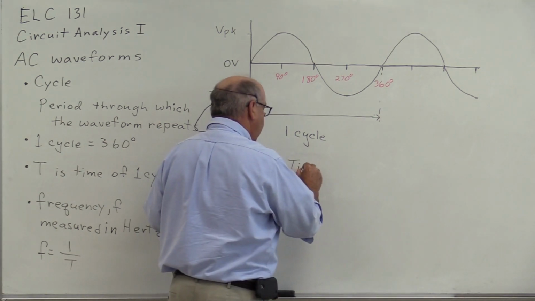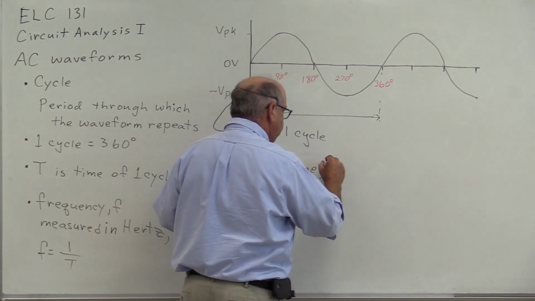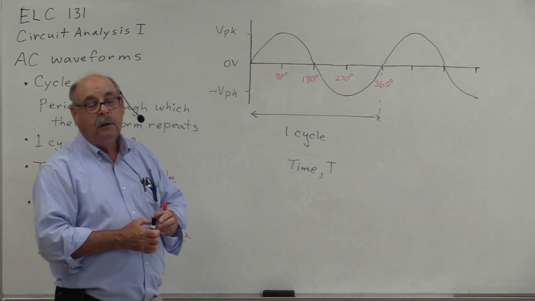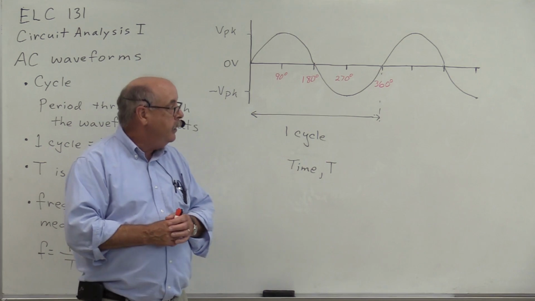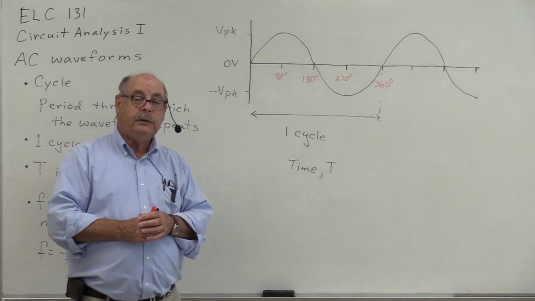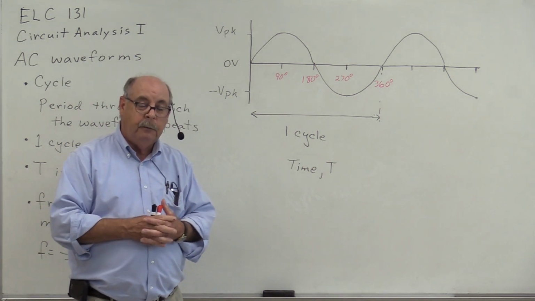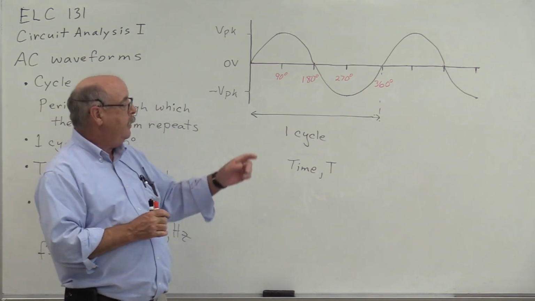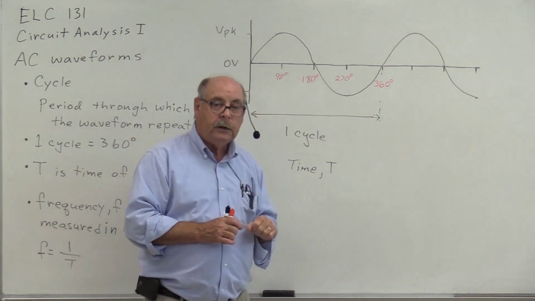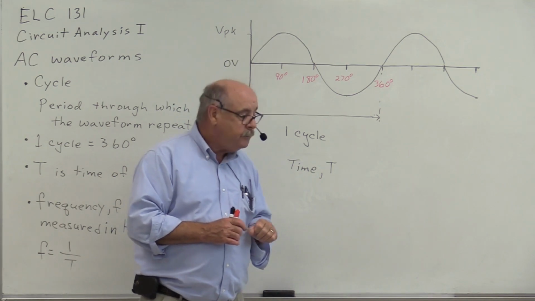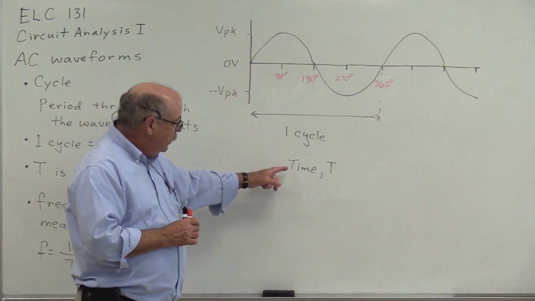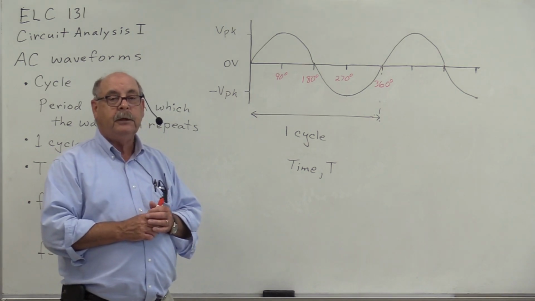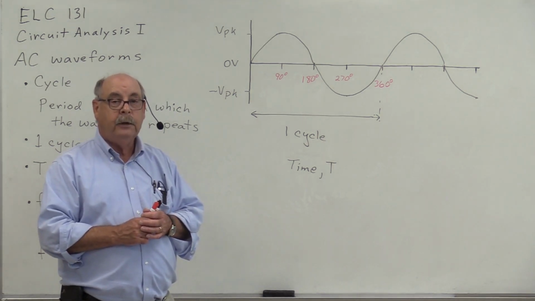And I will always represent the time of one cycle with a capital letter T, so that we can differentiate that time measurement from an instantaneous value of time or some value of time along the entire x-axis. So the capital letter T will be used to represent the time of one cycle.